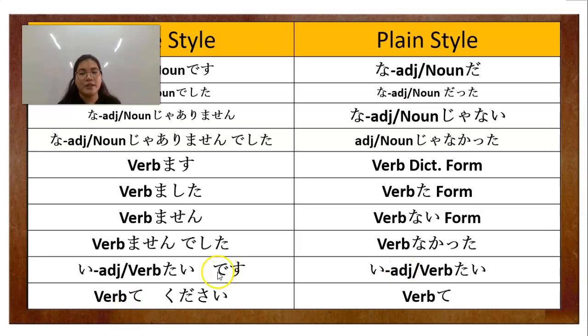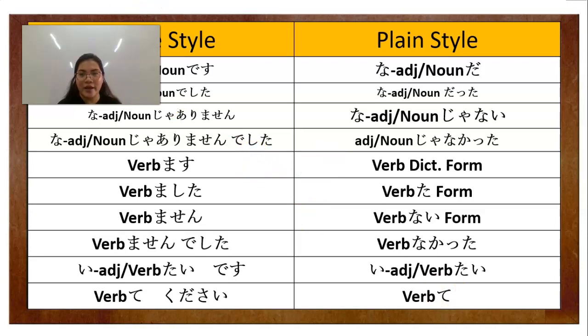Another, when you say tabetai des, in a plain style, you will just say tabetai. Okay? And for the last one in polite style, te kudasai. In a plain style, you will just say verb te. For example, you are going to say please eat: tabete kudasai. In a plain style, you will just say tabete.